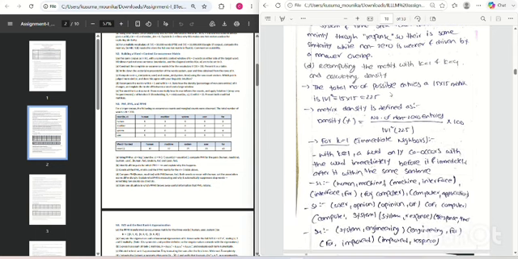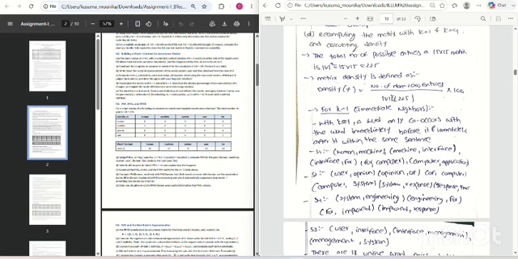The next question is to recompute matrices for k equal to 1 and k equal to 2 and calculate the density. Here density means the percentage of non-zero entries in the matrix. First we calculate the total possible entries, which is vocabulary squared, 15 squared, which is 225. The matrix density formula is non-zero entries divided by vocabulary squared, times 100.